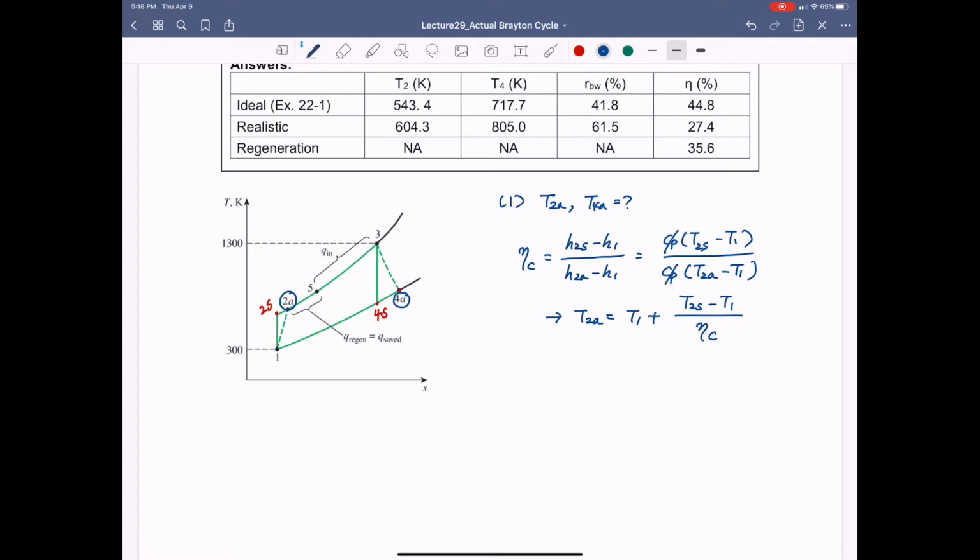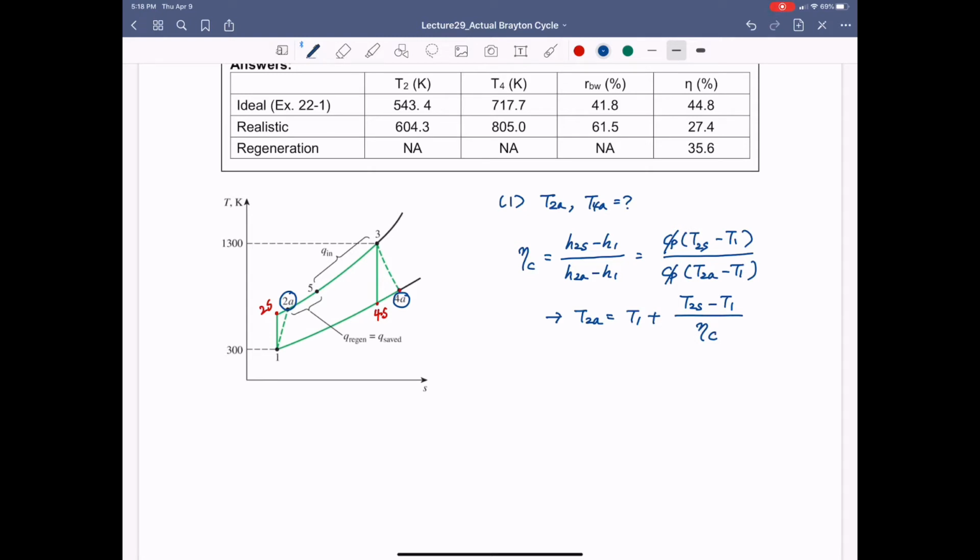Now we know T1, we know eta C, but do we know T2S? Obviously from the example statement, we don't know T2S, but we can calculate T2S because we know the process. In this case, the process is an isentropic process, and we can use this equation.